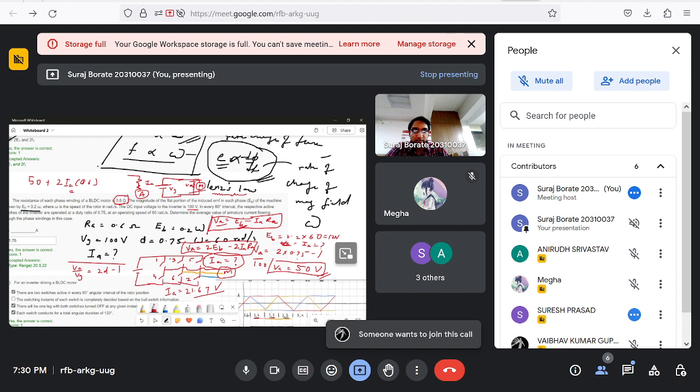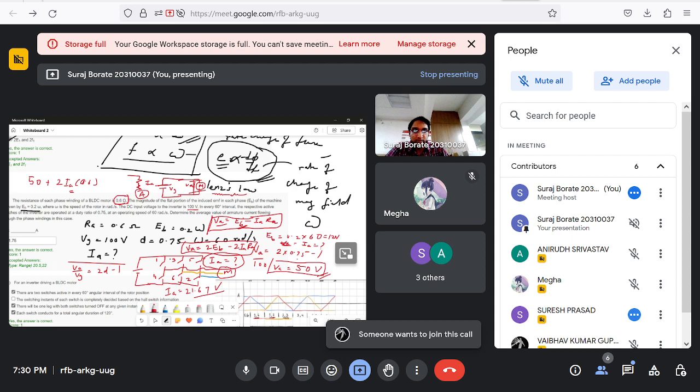So what is the IA that we are getting? You get 61 divided by 0.6, approximately 100 amps.